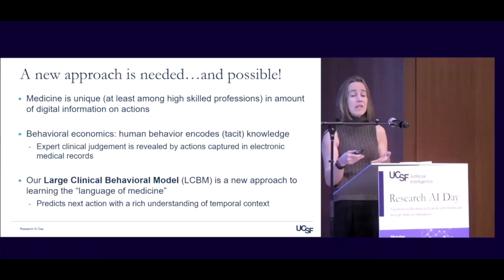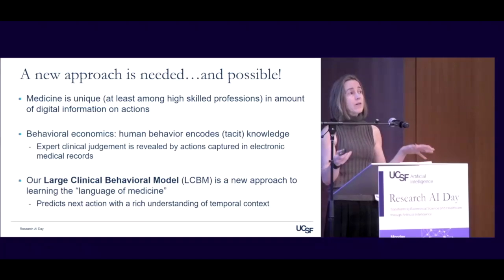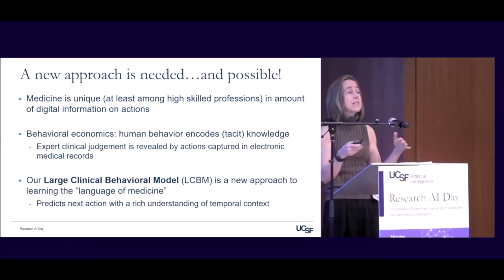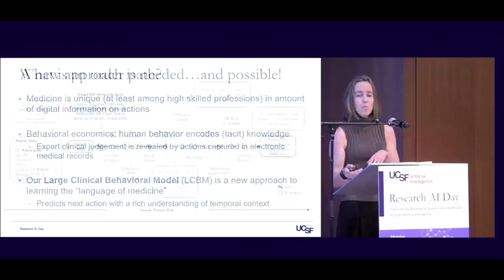In this case, we have expert clinical judgment being executed every day and being revealed in the actions captured in the electronic medical records. So what we're doing is training what we call a large clinical behavioral model. It treats this as a sequence-to-sequence task and uses a transformer architecture to learn to predict the next clinical action given a rich patient context and, importantly, the timing of that context.